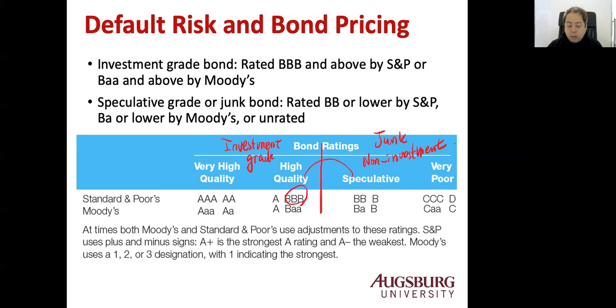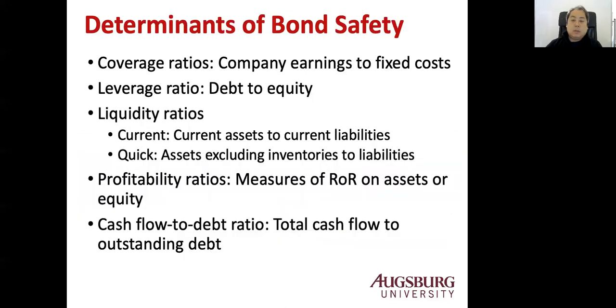Once a bond becomes junk grade, the yield increases substantially because many investors do not invest in junk grade bonds. Again, who determines this? It is determined by the credit rating agencies: Standard & Poor's and Moody's in the United States, and Fitch in Europe. So how do they determine this?